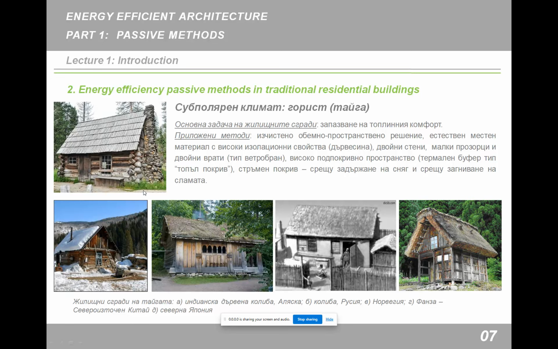The steep roof, the timber material, many of them have a door on the second floor, because the snow gets 2 up to 3 meters high in winter, and it's easier to exit the house from the second floor than to dig a very deep tunnel inside that thick snow mass.